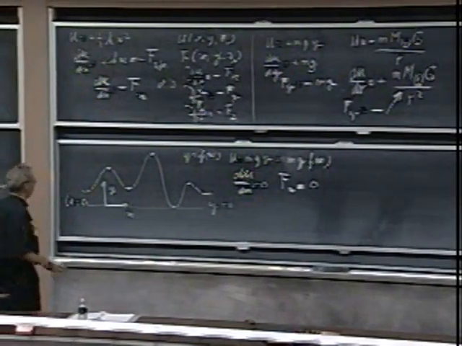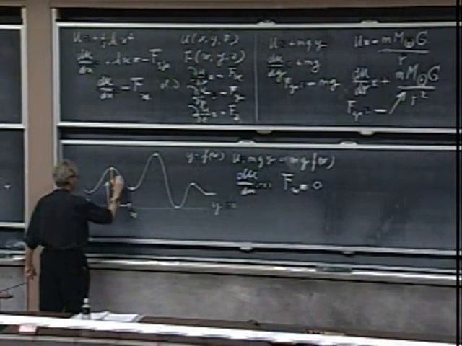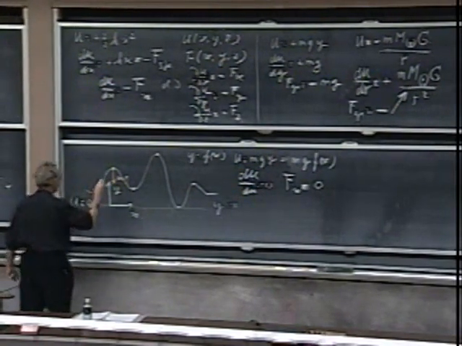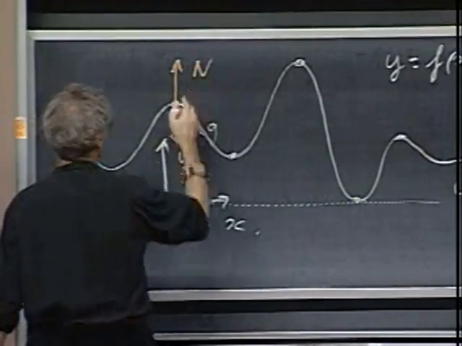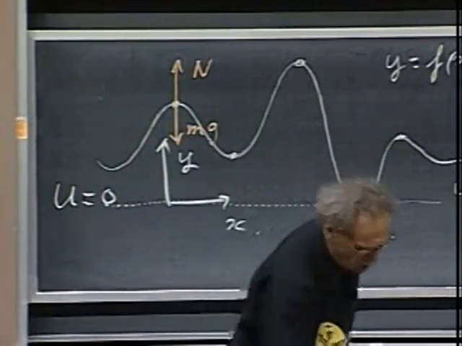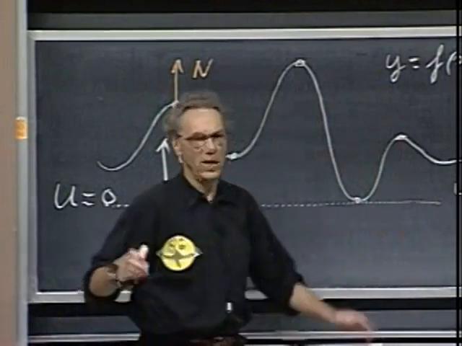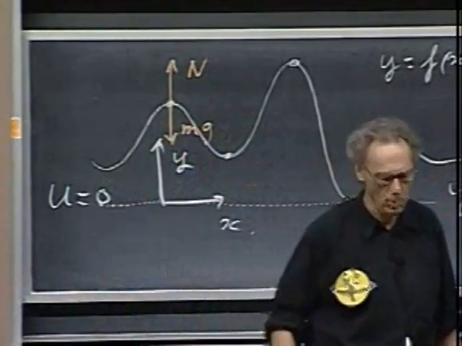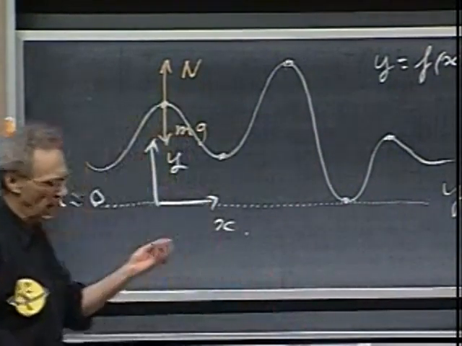So if we visit those points, for instance here, then there is of course gravity, mg, on an object there in the minus y direction, and there is a normal force in the plus y direction, and these two exactly cancel each other. So the net result is that there is no force on the object at all, so the object is not going to move, it's going to stay put.